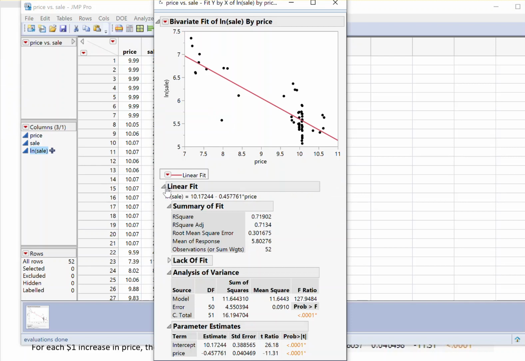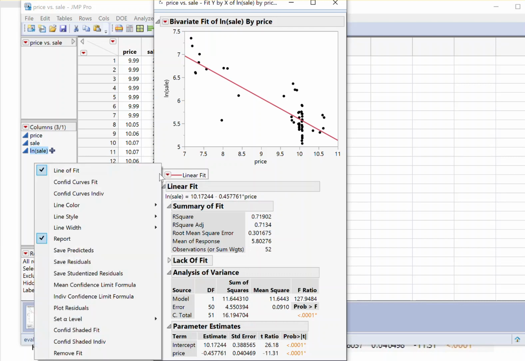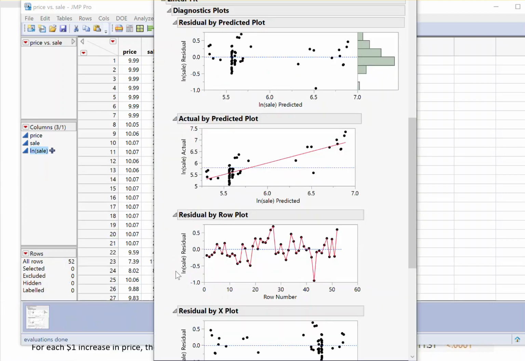Alright, and then based on the line, you see the natural log of cell equals b0 minus b1 times x. So now your response variable will be the natural log of cell. Alright, okay, now if I check the residual, so where is the plot residuals?